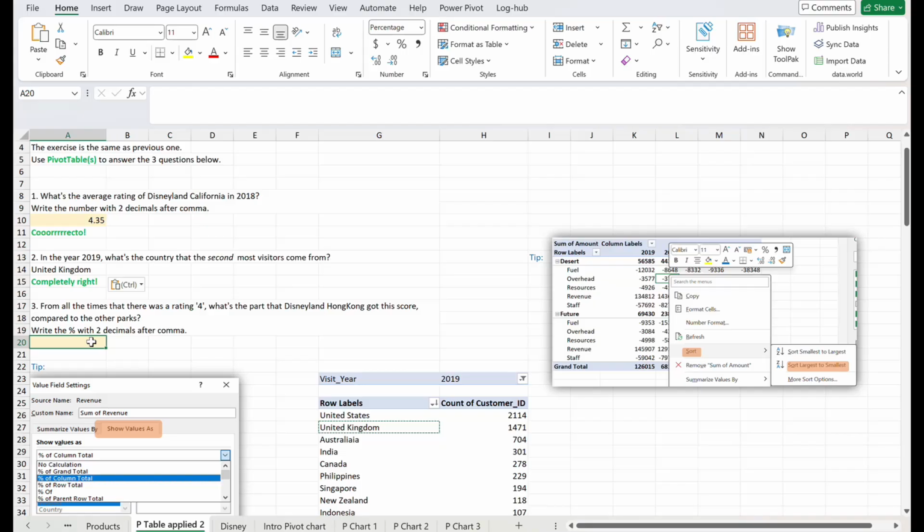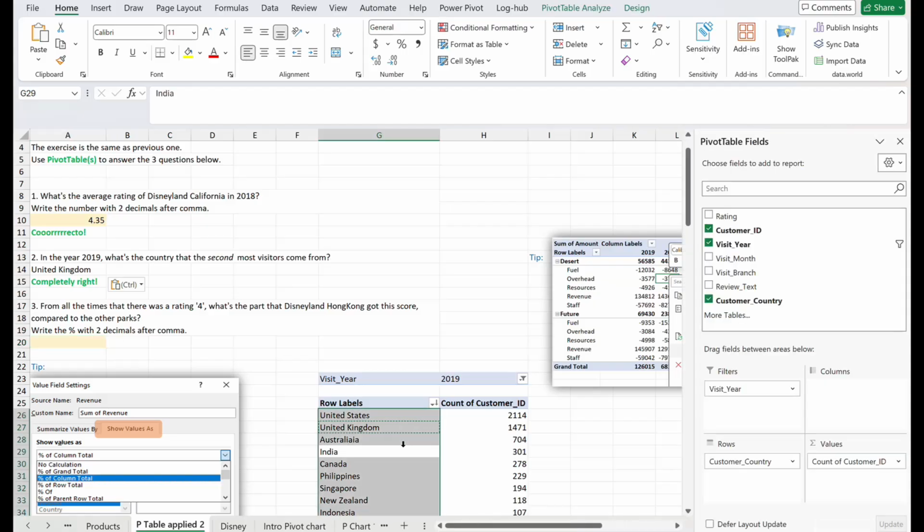Okay, the last question. What do they want to know? This is about Disneyland Hong Kong. That from all the visitors that gave a 4 as rating. So let's start with that.